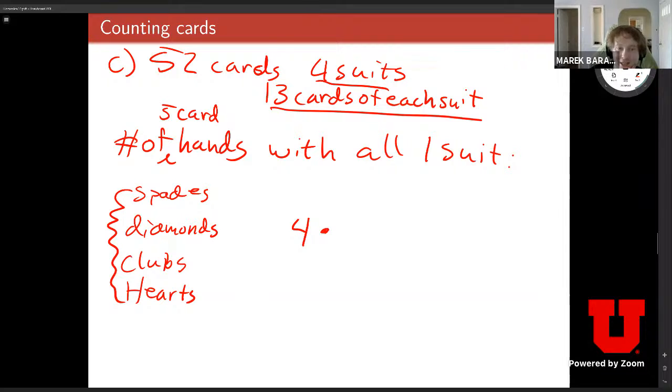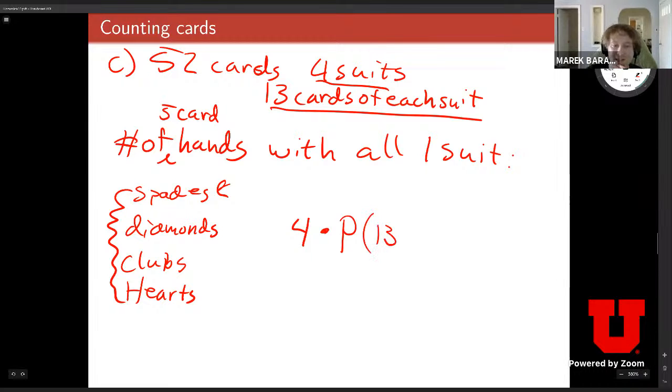Right, so we just have to think about, for example, how many hands have all 5 cards as spades. Again, order matters.